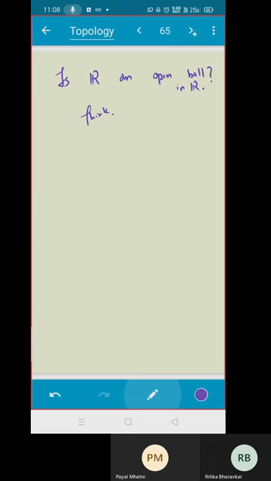That is the help you are taking from what you have proved. You just have to prove R is an open interval, and that's it. You have proved that any open interval is an open ball. Do you understand? Okay, think about it and let me know on Monday.